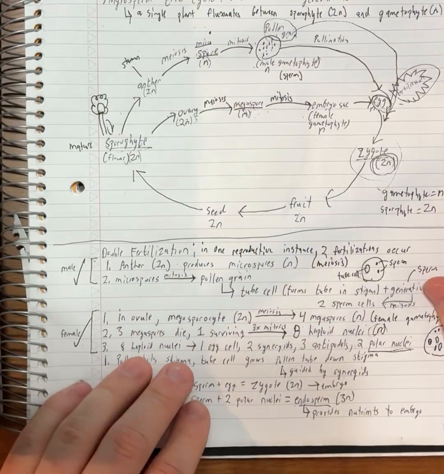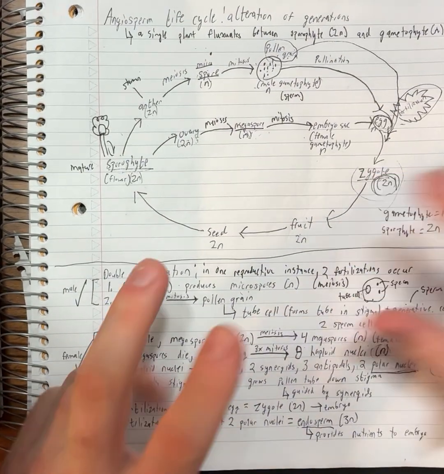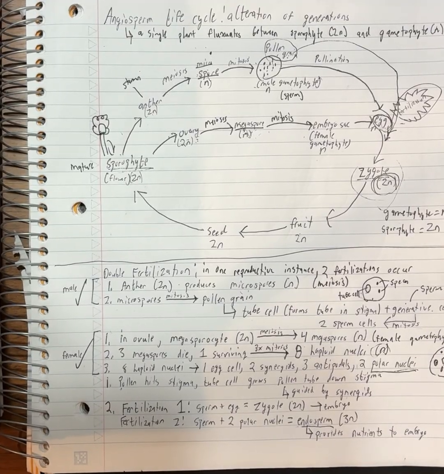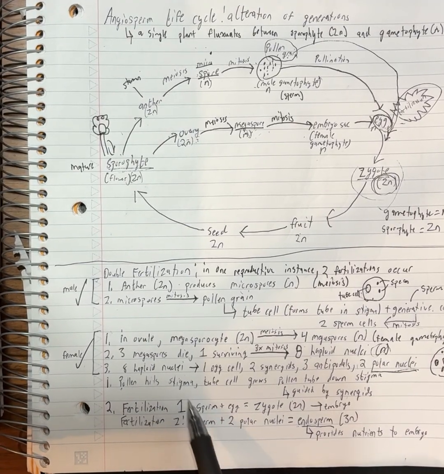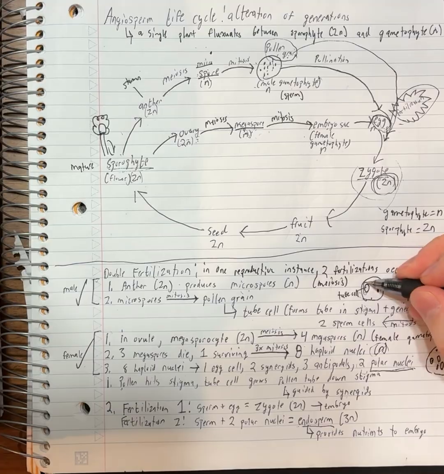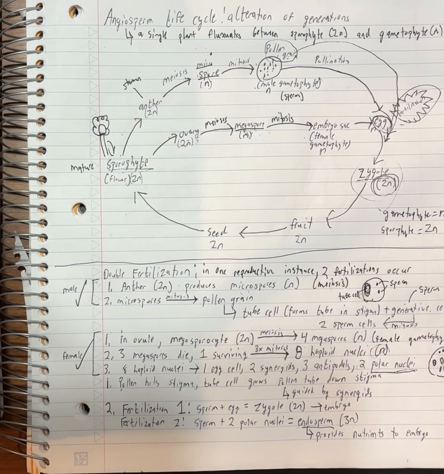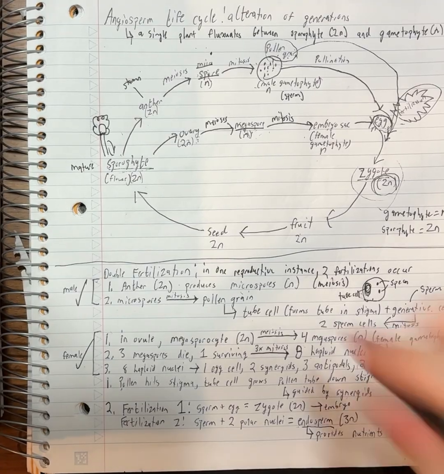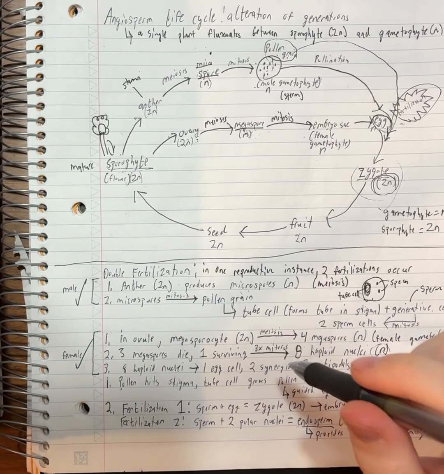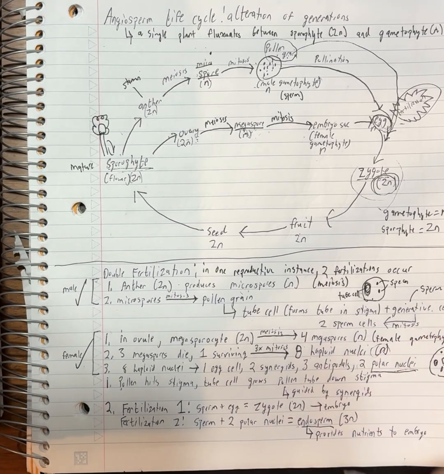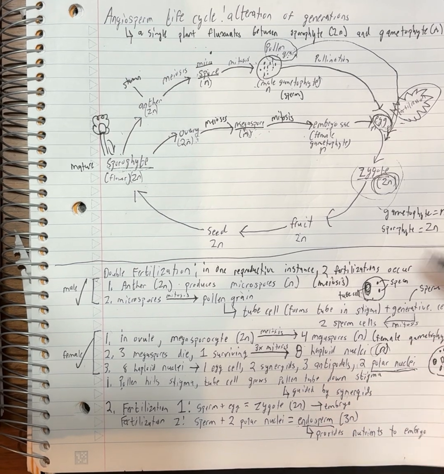So you can think of the stigma as a binding site for the pollen grain. So the pollen is going to hit the stigma, and then this tube cell that we had in the pollen grain is going to start growing downward through the style, which was the shaft, down into the ovary.